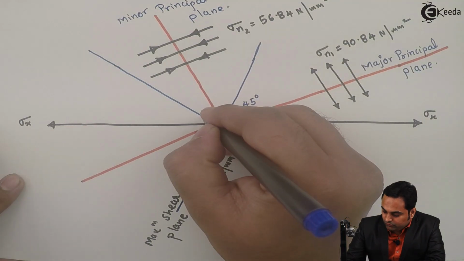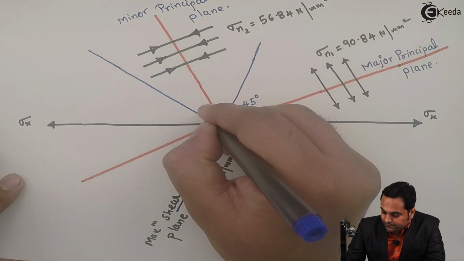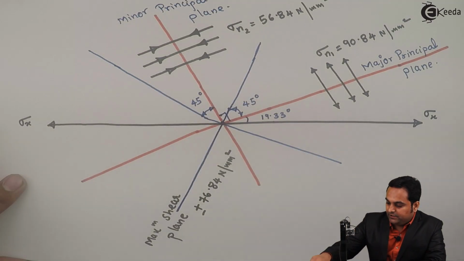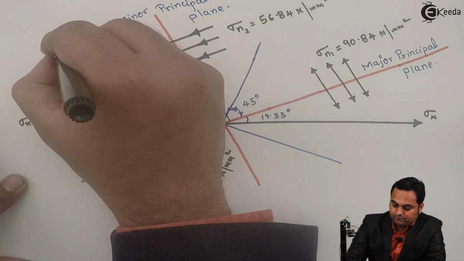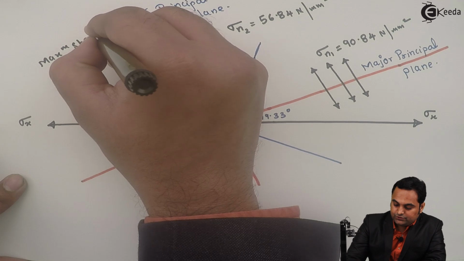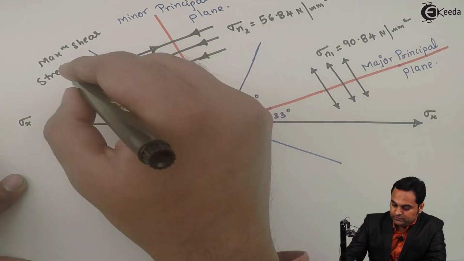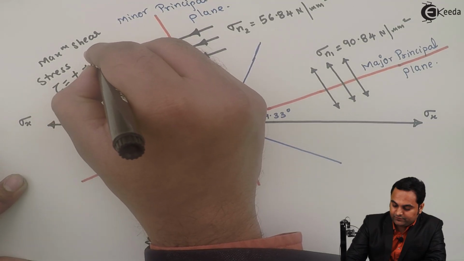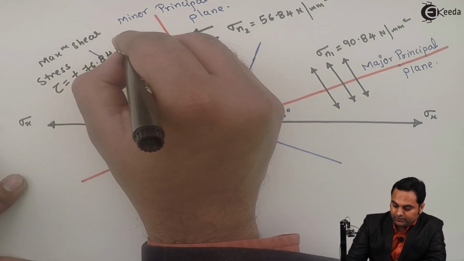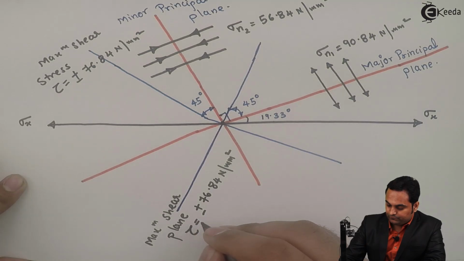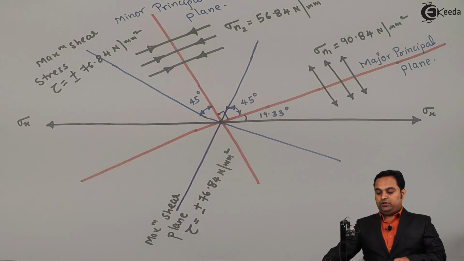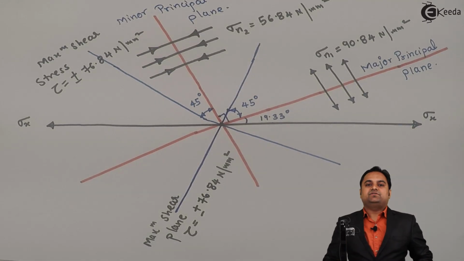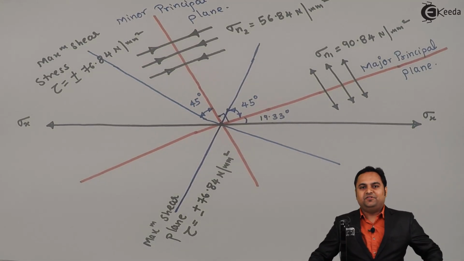To the minor principal plane, inclined at 45 degree, there is another plane of maximum shear stress, and it has a value of tau plus or minus 76.84 Newton per mm square. Now, with the location of all the principal stresses and shear stresses, we can say that the problem has been completed.